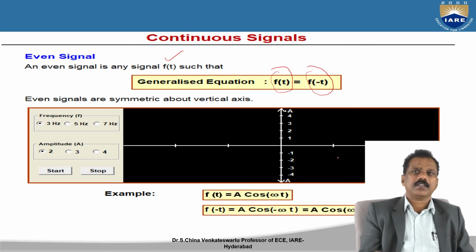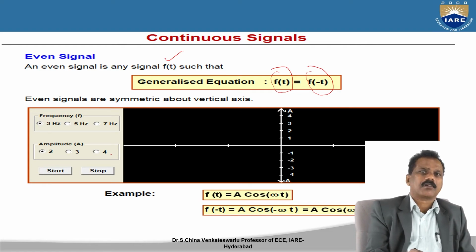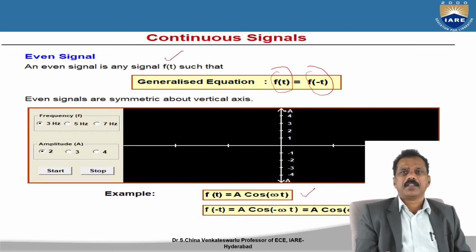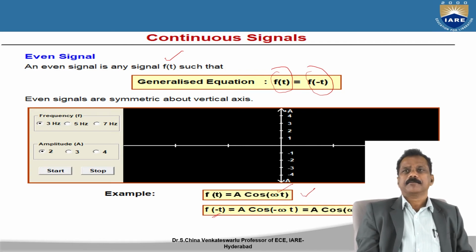In real-time verification, there is an option for this, either frequency versus amplitude, or time versus amplitude. If we use the equation f of t is equal to a into cos of omega t, then f of minus t is equal to a into cos of minus omega t, which is equal to a into cos of omega t.